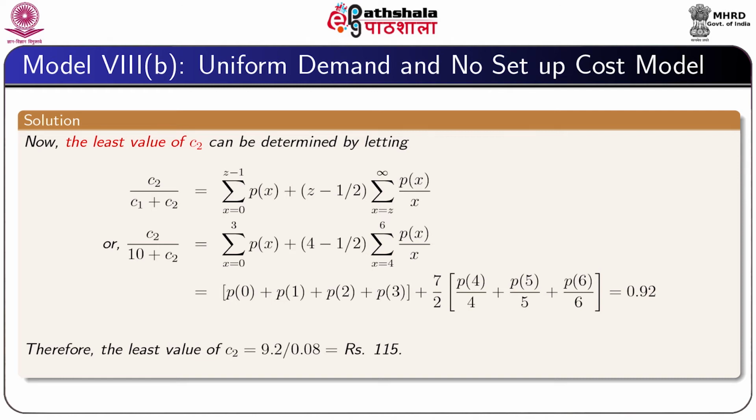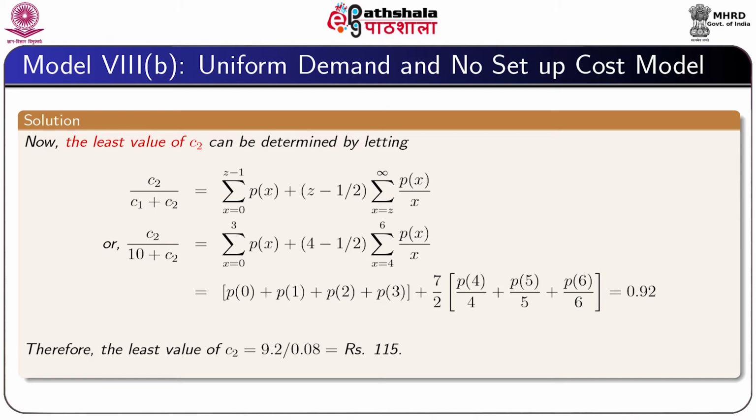Now, the least value of C2 can be determined by letting C2 by (C1 plus C2) equal to sigma x equal to 0 to z minus 1 p(x) plus (z minus half) whole into sigma x equal to z to infinity p(x) by x. That is, C2 by (10 plus C2) equal to sigma x equal to 0 to 3 p(x) plus (4 minus half) into sigma x equal to 4 to 6 p(x) by x.